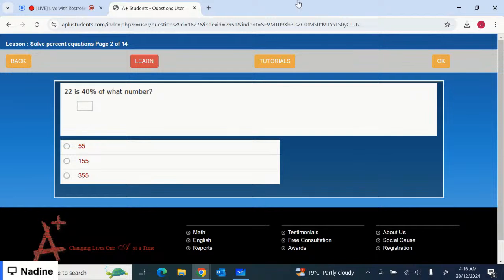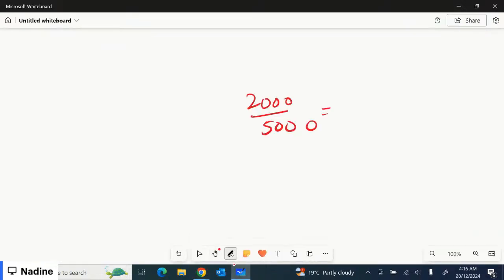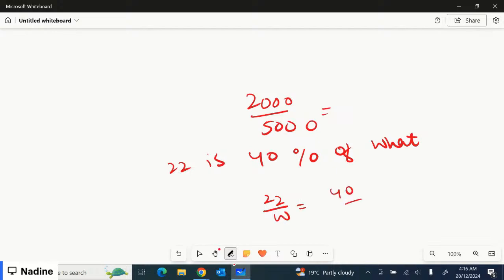$22 is 40% of what number? 22 is the part, right? 22 is 40% of what number? You need to calculate the whole number. 22 is the part. 22 divided by the whole number equals 40 over 100. So you have to do 22 times 100 over 40 equals W. So let me just do the calculations. 2200 divided by 40.